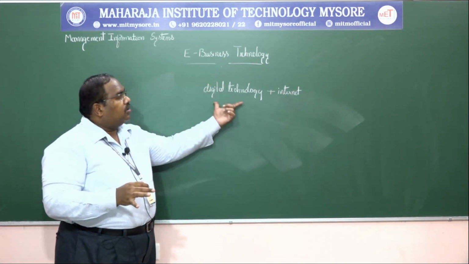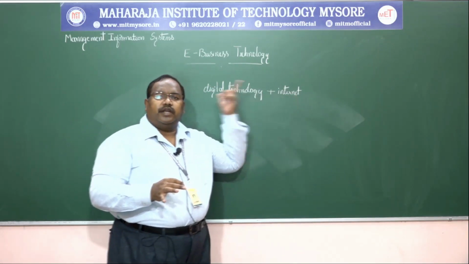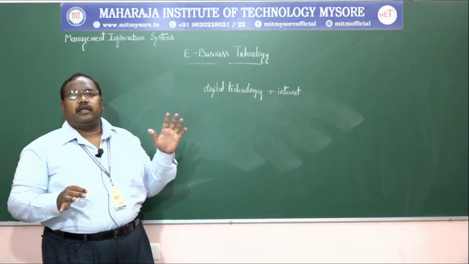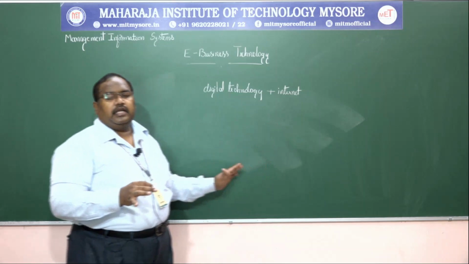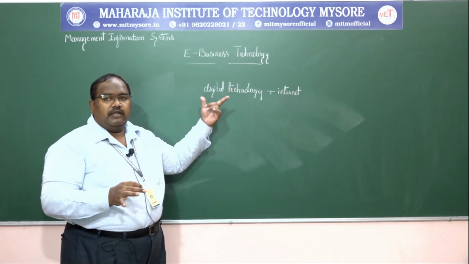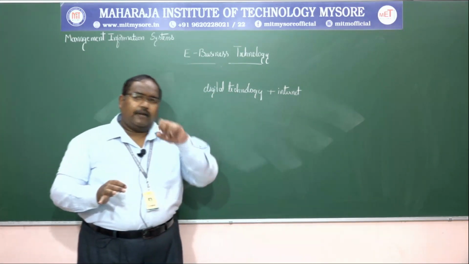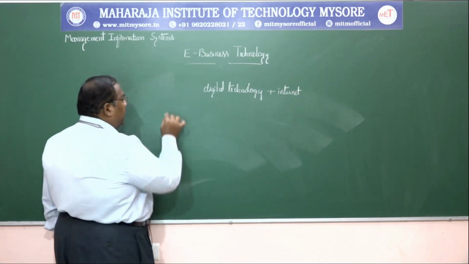One, the technology, and also it can be done only with the support of the internet. So when we talk about the internet, now let us concentrate on this part in detail. Till now we have seen the various aspects of digital technology. Let us now concentrate on the internet. So we'll look into it, providing internet information.